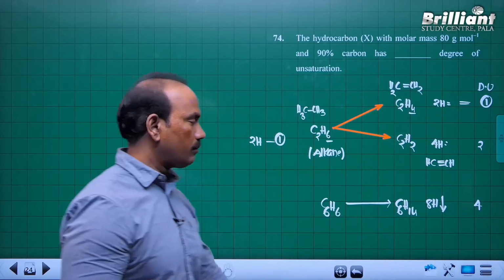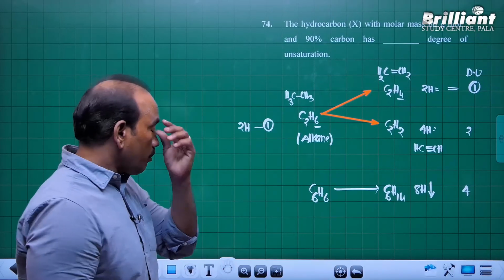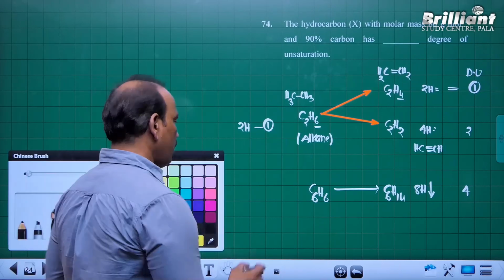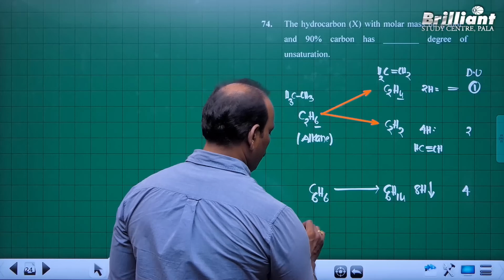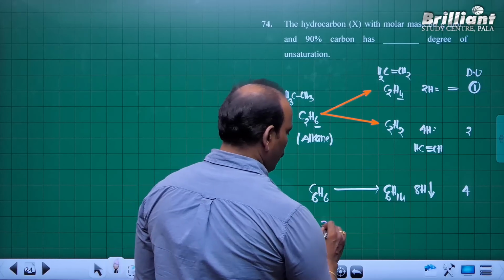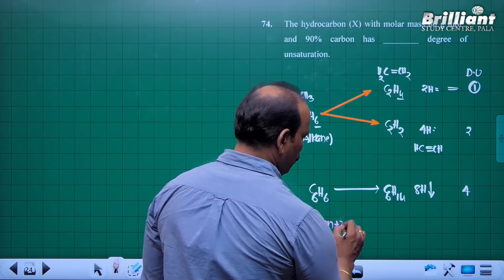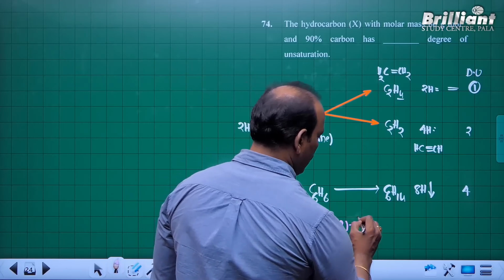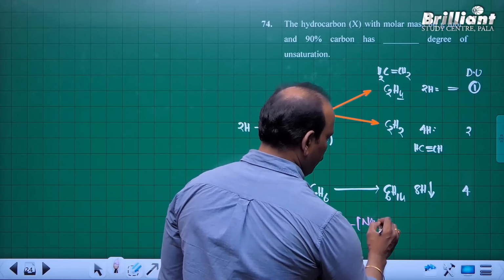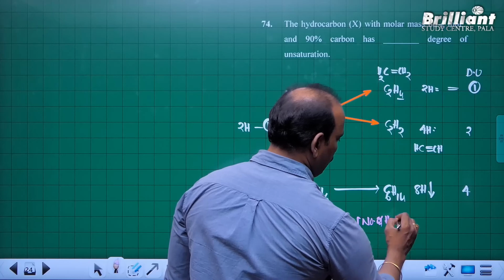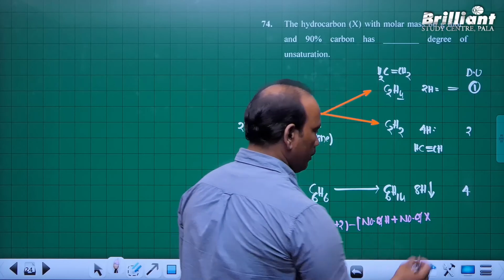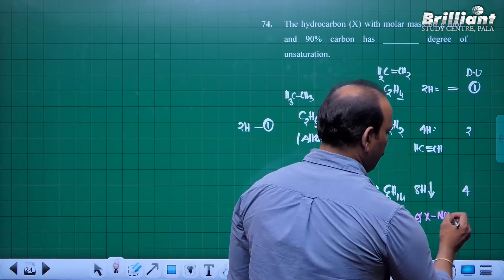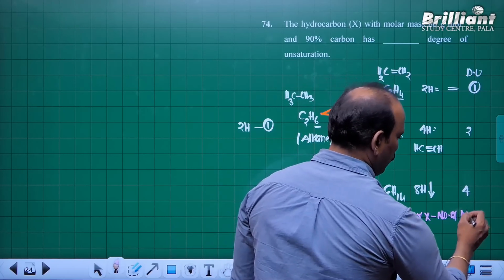Okay? One more formula is also there. What is the other formula? DU equal to (2n plus 2 minus number of hydrogens plus number of halogens minus number of nitrogens) divided by 2.